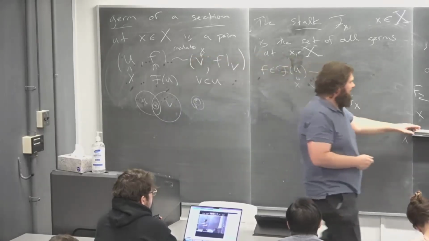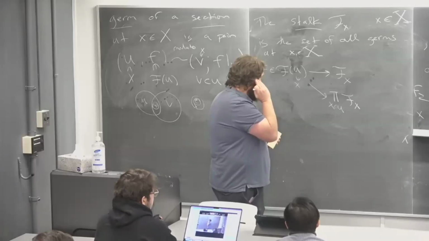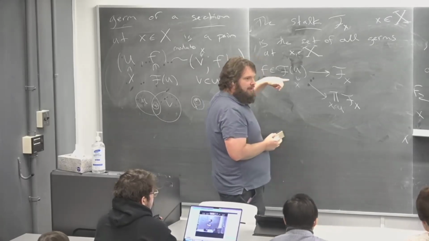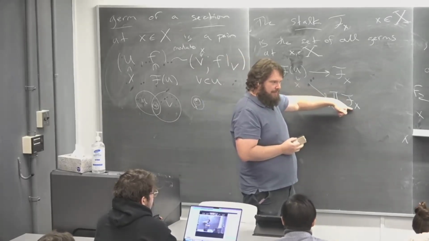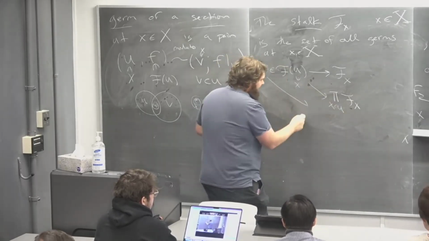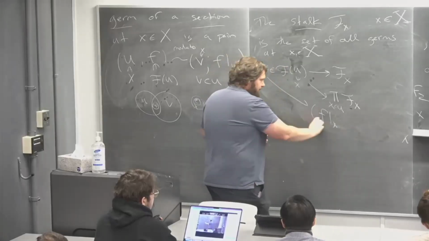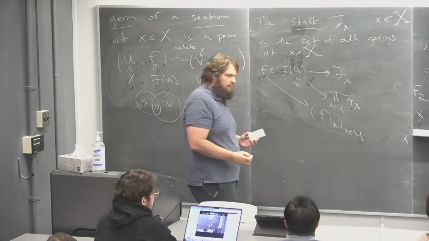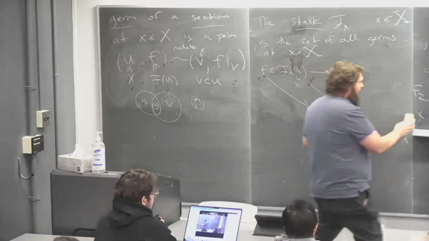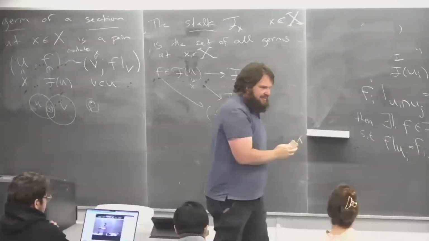So the section maps to the product: I take F and send it to the stalk at x for every x in U. The question was whether this should be a coproduct. There's also a construction that involves the coproduct, meaning disjoint union, since we're talking about sets.